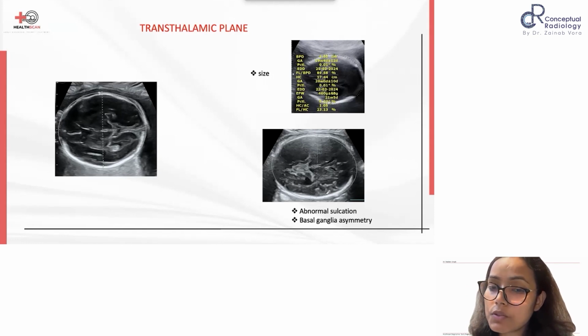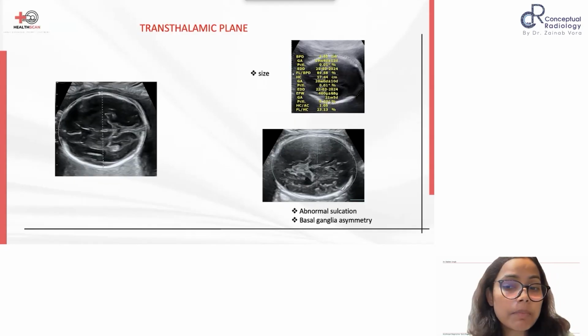We should see its appearance or morphology, whether it is appropriately developing or not. If there is any lag in the development of this Sylvian fissure, then it might suggest lissencephaly or a malformation of cortical development. These two basal ganglia, we should see them symmetrically.